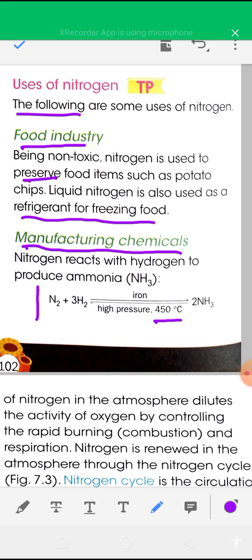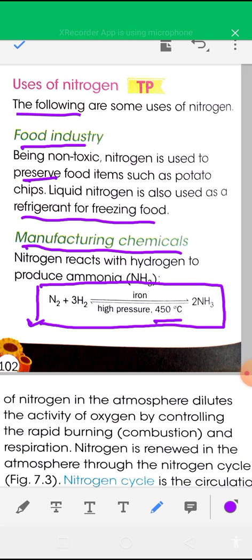The chemical equation is N2 + 3H2 → 2NH3. Using this reaction you can prepare ammonia gas from nitrogen gas.